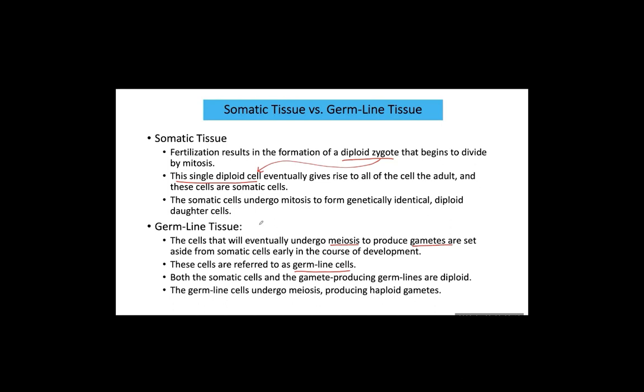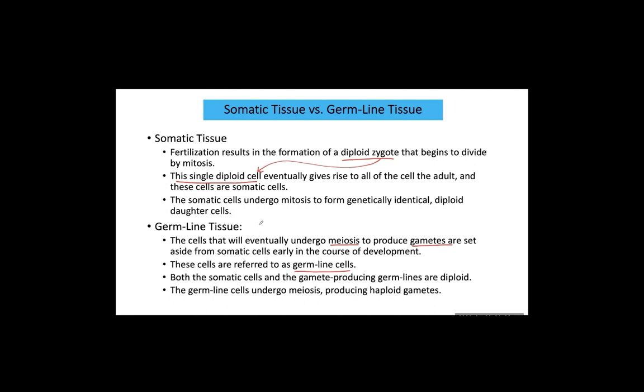But once the testis is fully mature and has the ability to produce sperm, then some cells inside the testis undergo meiosis to produce sperm. By the same token, in order to have a mature ovary, mitosis occurs. But once a female reaches puberty, some cells from the ovary undergo meiosis to produce eggs.